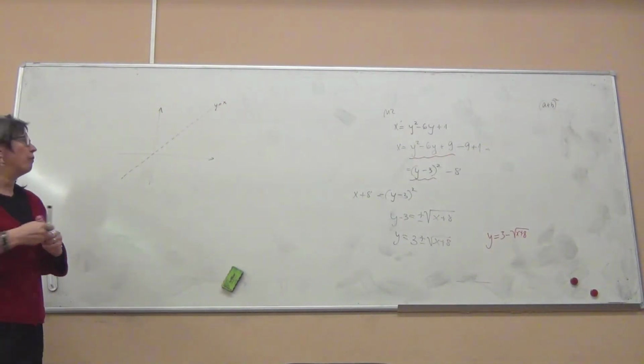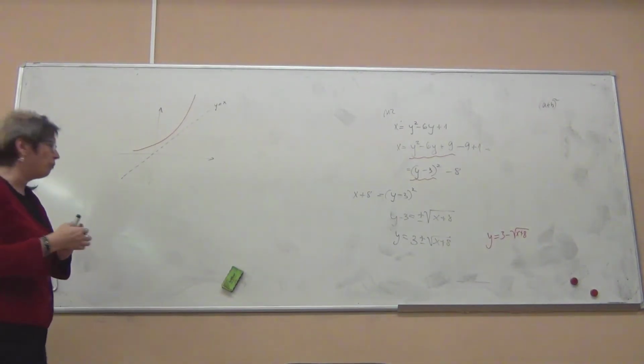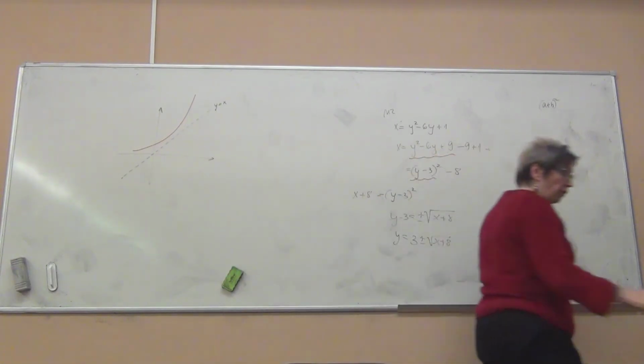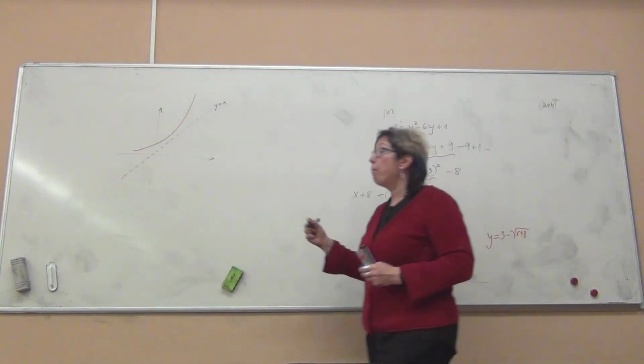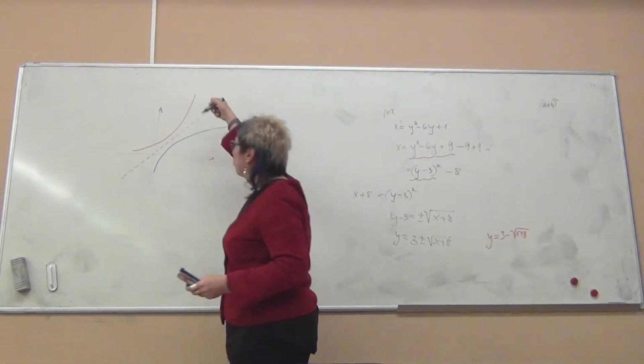So if I have, let's say, the given function, something like this, then the graph of its inverse will be perfectly symmetrical to that graph.